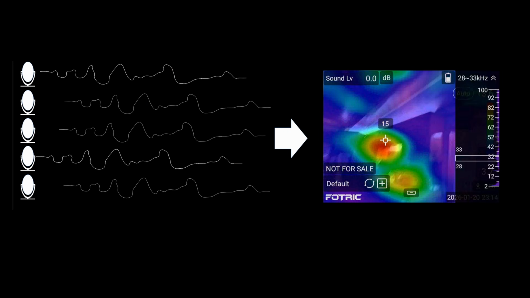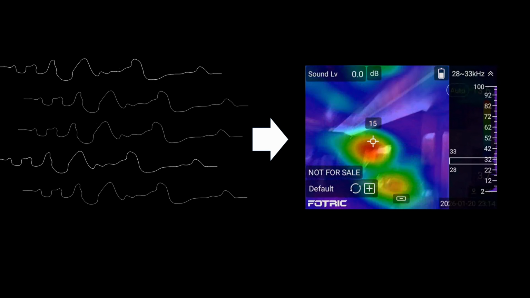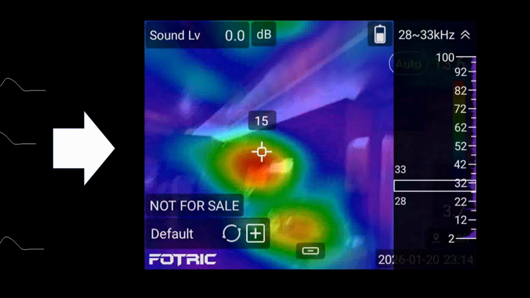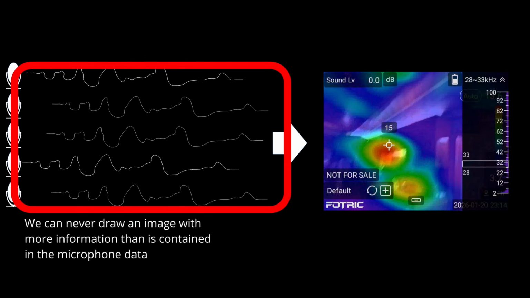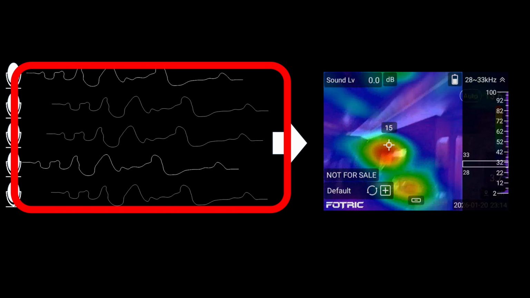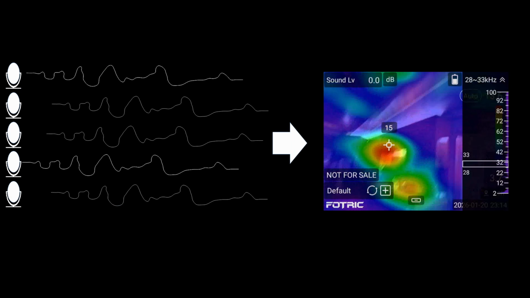For this, because we're turning more abstract data into an image, we don't have a resolution per se. We can do the math to make an image at any resolution we want, but the amount of information in the image is limited. This turns out to give us a practical limit to how certain we can be about the source of a sound.